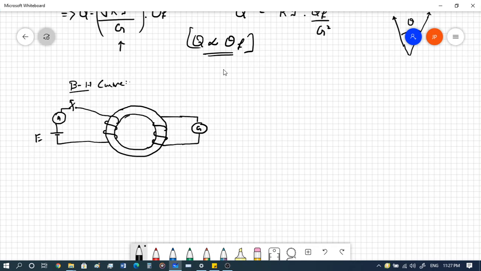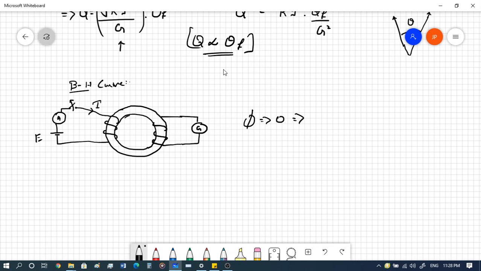What happens is that when the switch is opened, I becomes 0, and flux phi also becomes 0, which means that there is a change in flux, because initially there is some flux because of the current that is flowing through this circuit.